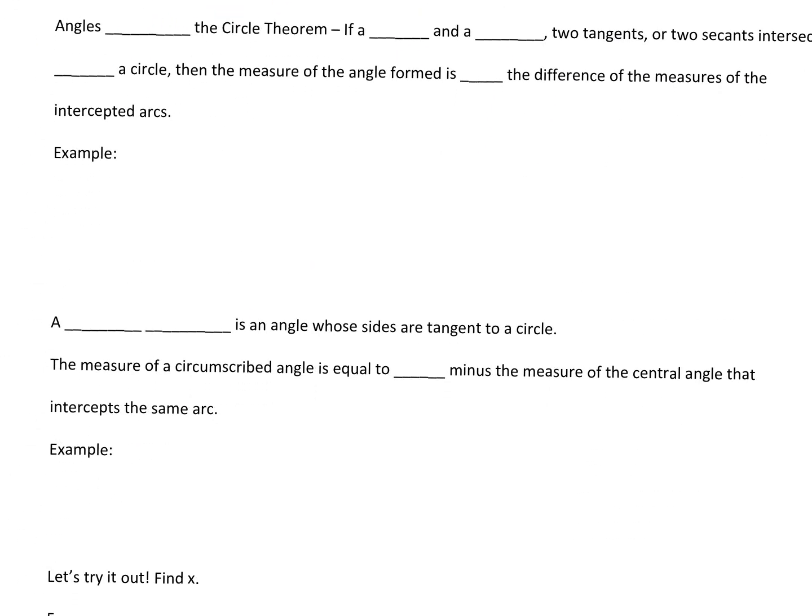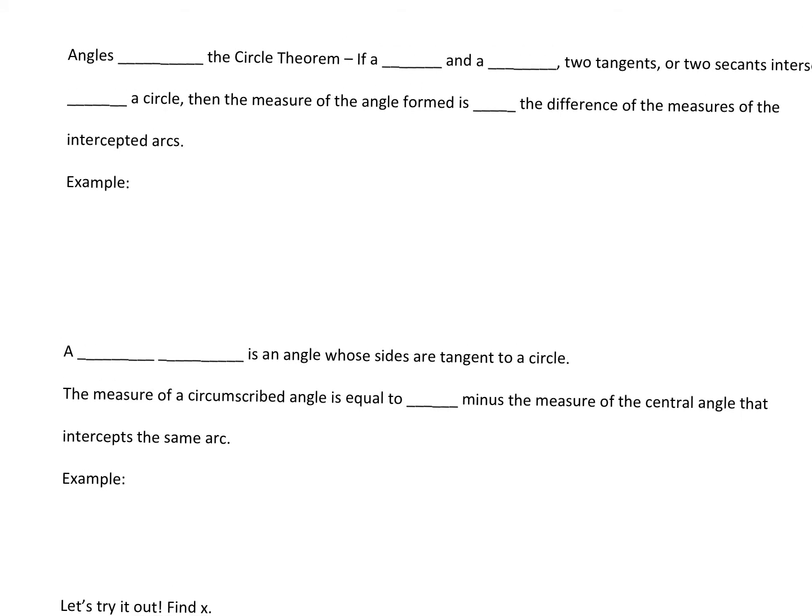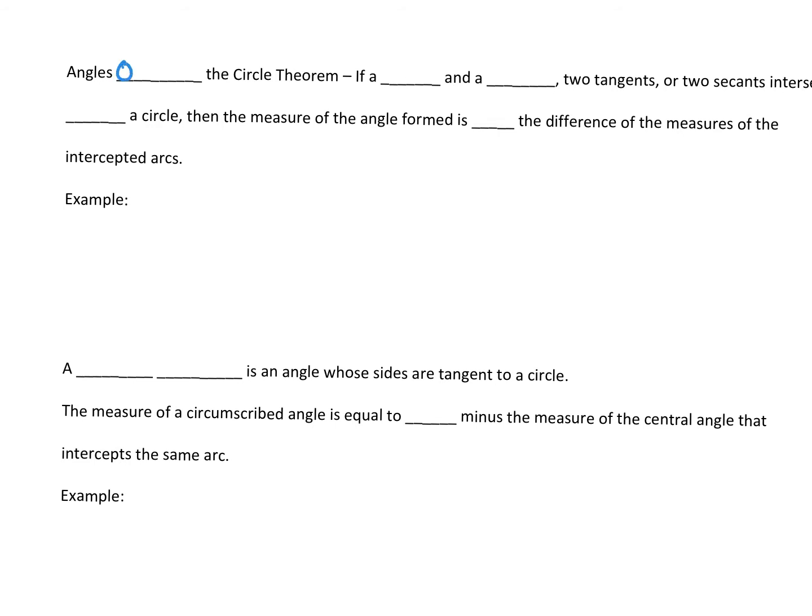Going on further, the next idea is the angles outside the circle theorem. If a tangent and a secant, two tangents, or two secants intersect outside a circle, then the measure is formed by 1/2, not the sum this time, the difference.